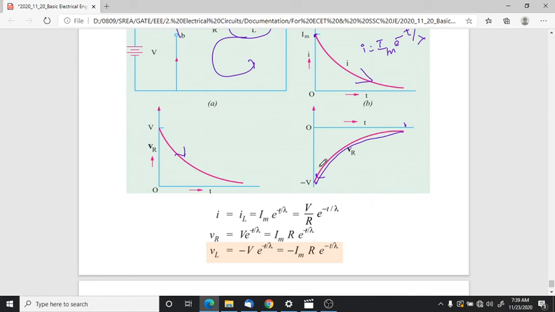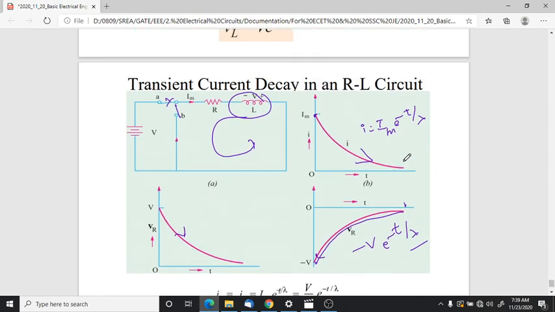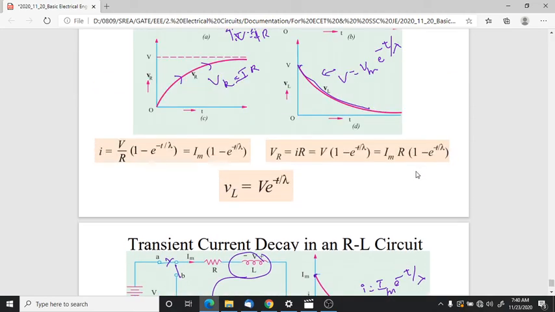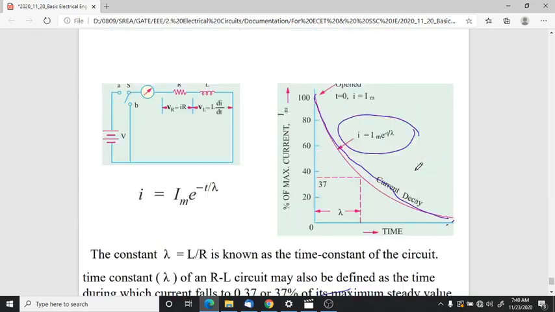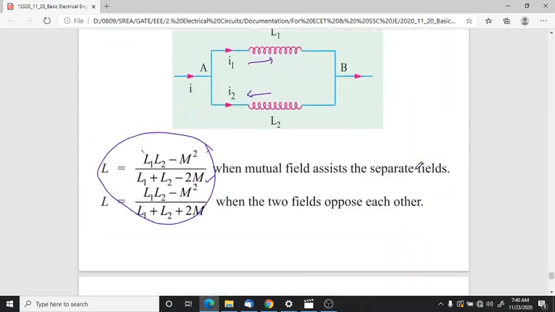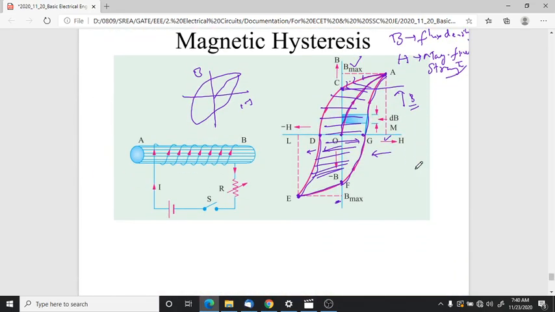So VL equals minus V into e power minus t by tau. Like this, we can find decaying currents and increasing currents in RL circuits with these formulas. Okay, these formulas.